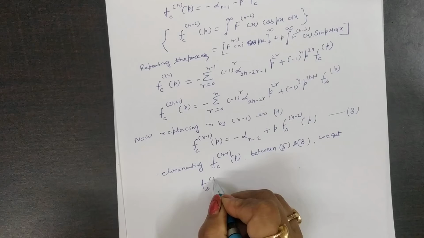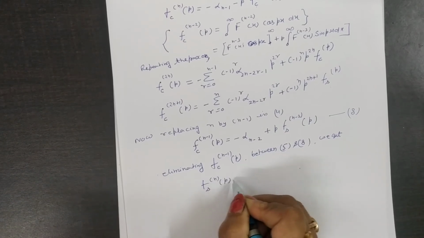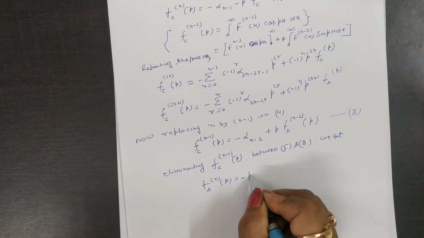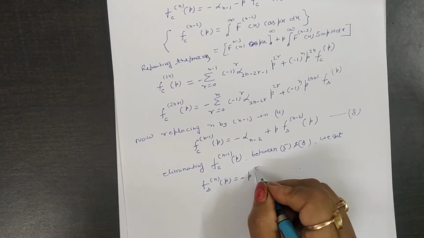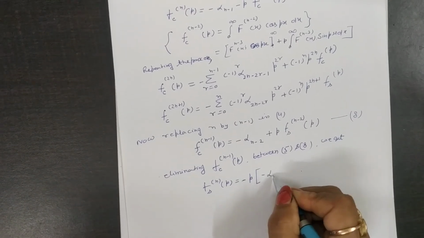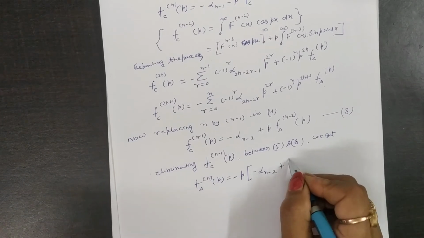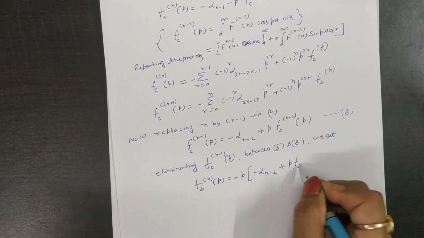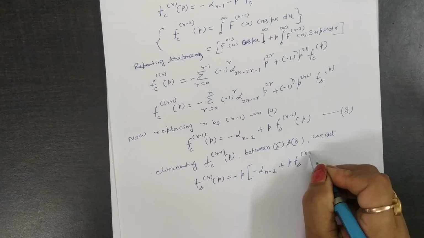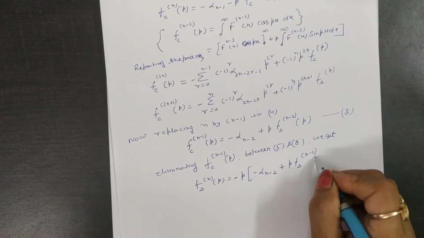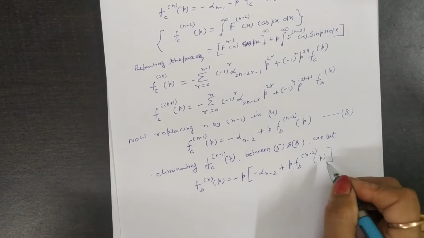f s n p is equal to minus of p, here, and here becomes minus of alpha n minus 2, plus p f of s n minus 2 p.